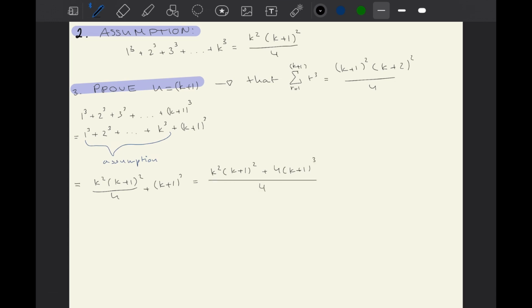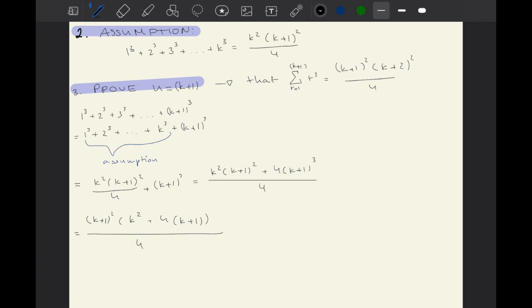So now we're working with the same denominator. And now we can factor out k plus 1 squared. So we're going to be left with k plus 1 squared times k squared plus 4 times k plus 1, all of that over 4, right? Because we can write k plus 1 cubed as k plus 1 squared times k plus 1, right?